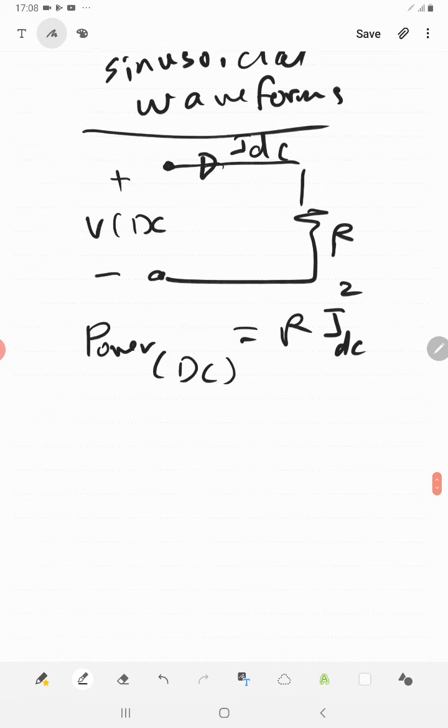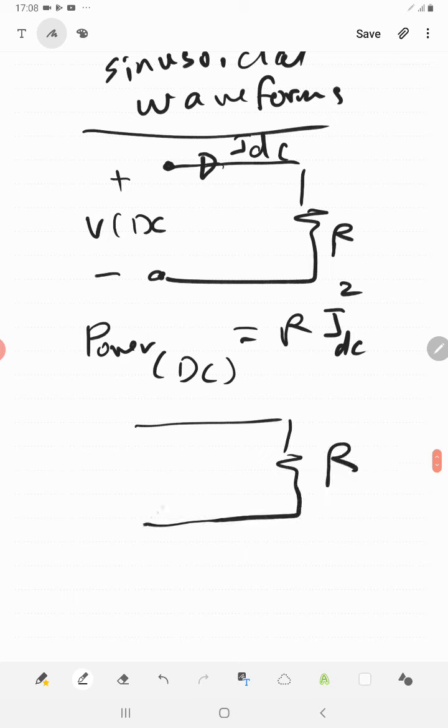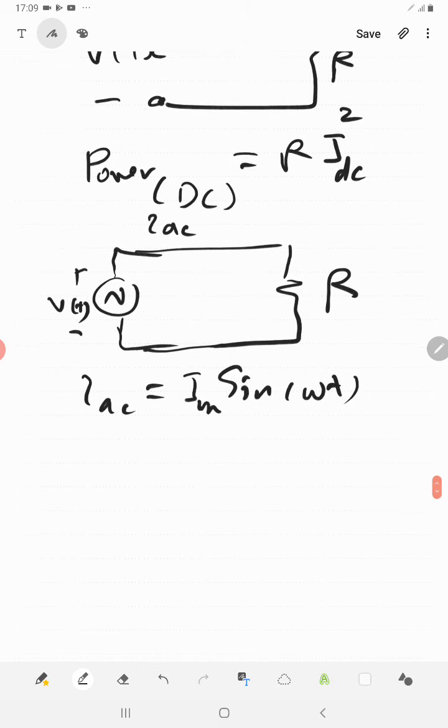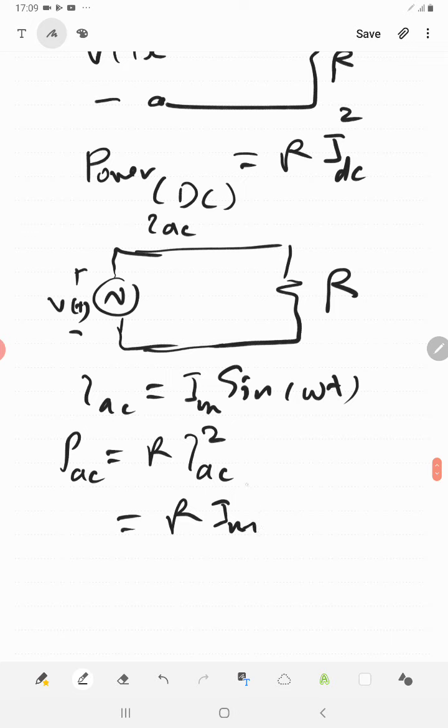Now, if we have the same resistance R, and we have a source here, V of t, it will give you I AC. I AC is equal to I maximum sine omega t. So what is the power AC? It is equal to R I AC squared. So it will be R times I maximum squared sine squared omega t.